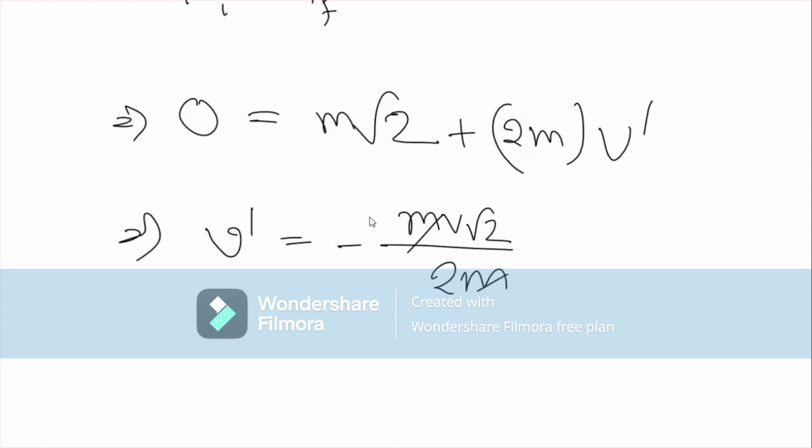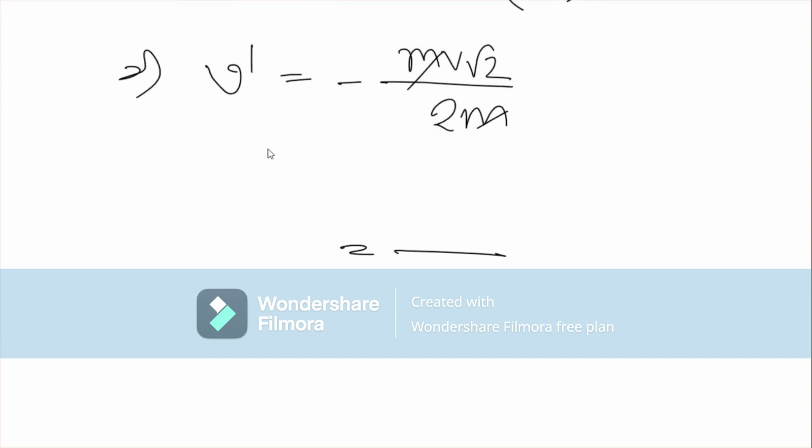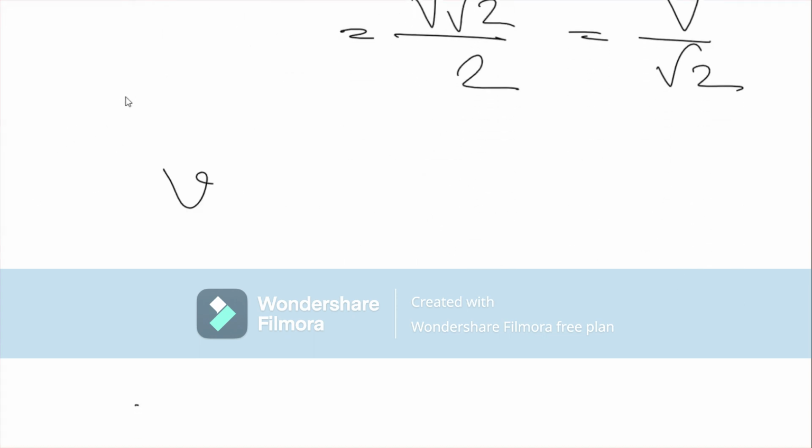So m and m will cancel out. This will be v root 2 divided by 2. So after more simplification, this will be v by root 2. So finally जो 2m ब्लॉक है उसका वेलोसिटी we can find that v by root 2.